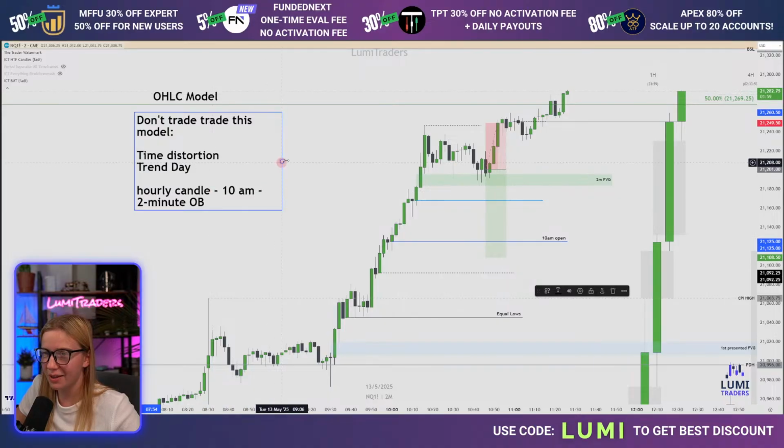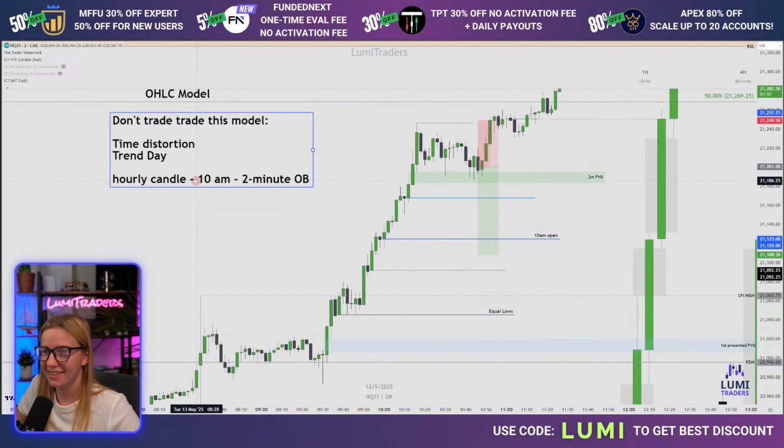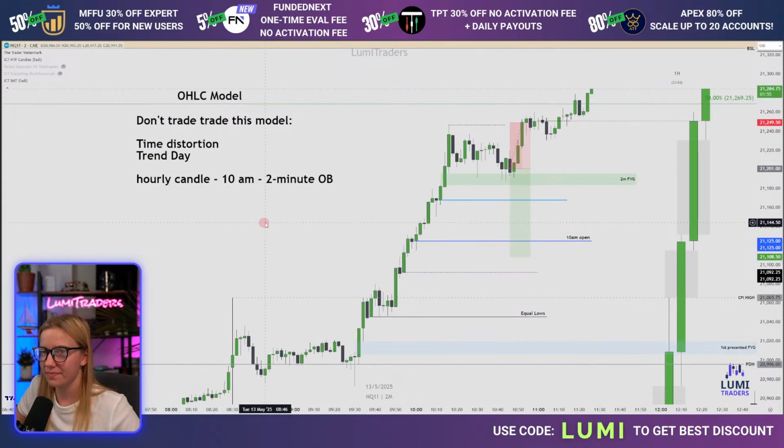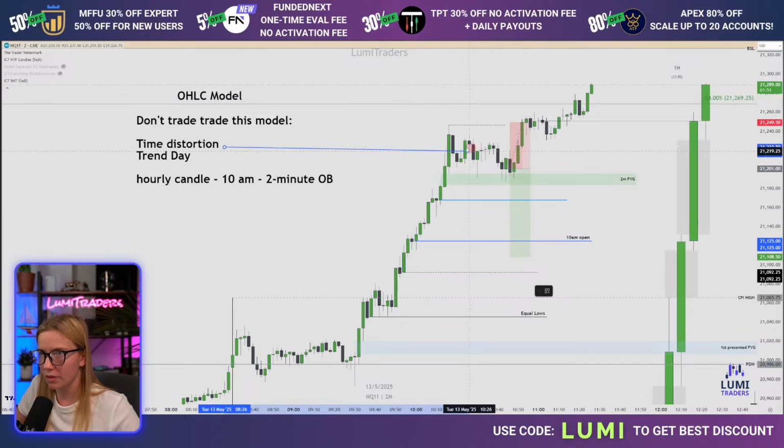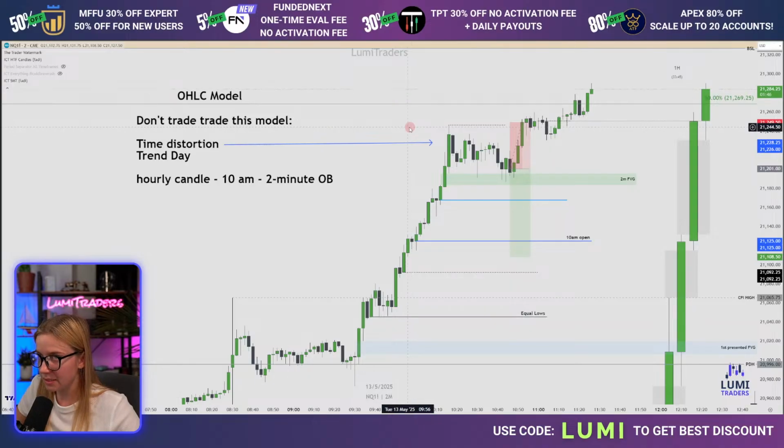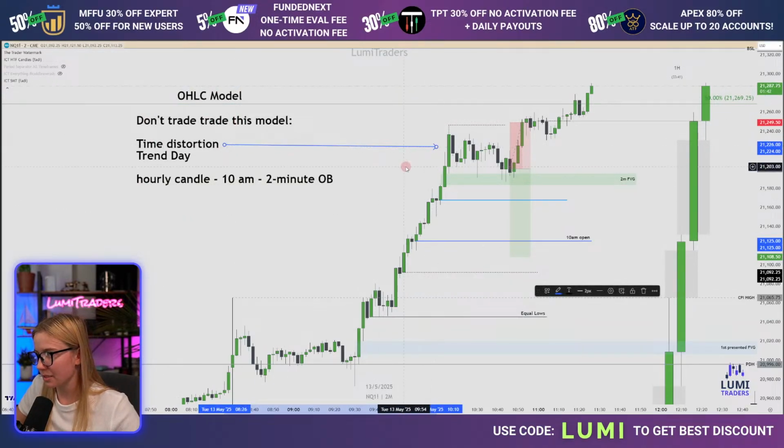I don't have like a Lumi model. For example, today's mistake was exactly this one. And on backtest, I got exactly the same loss, at least for now, 2 losses based on exactly the same mistake.